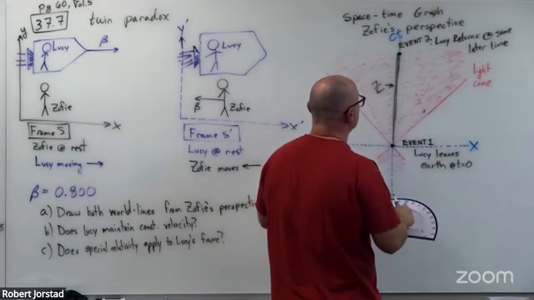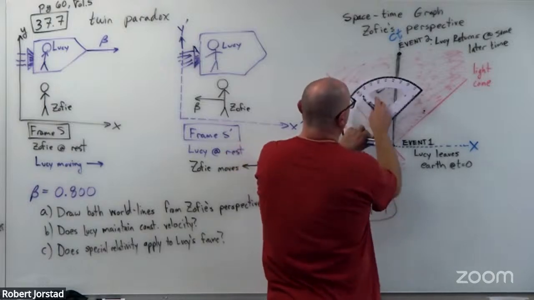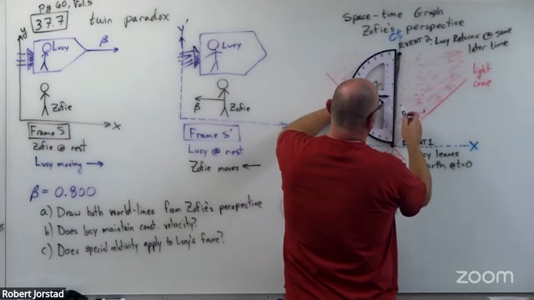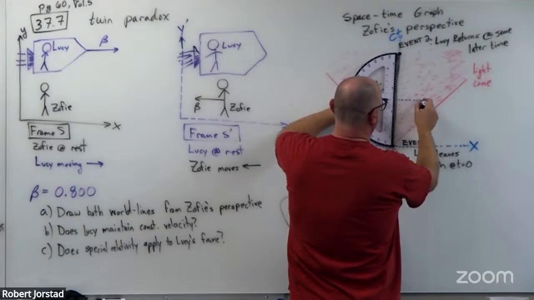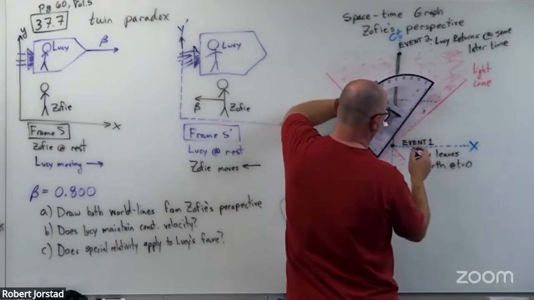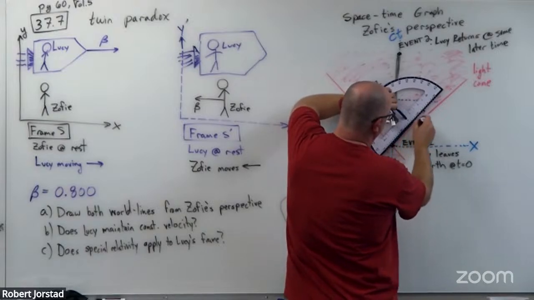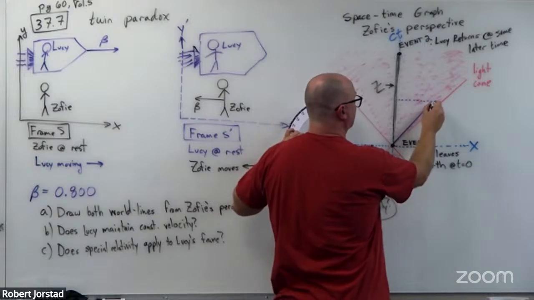And then halfway, she's got to turn around and come back. So this whole thing is about this tall. Somewhere right around here is where she'll turn around. So she's heading out to this star, and then at some point she's got to turn around.